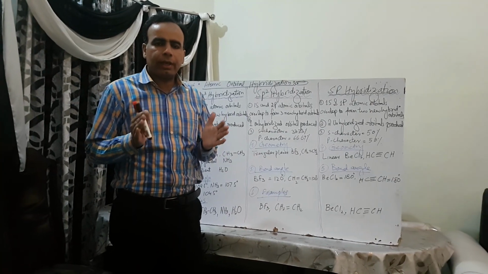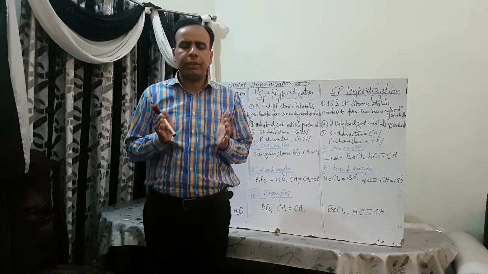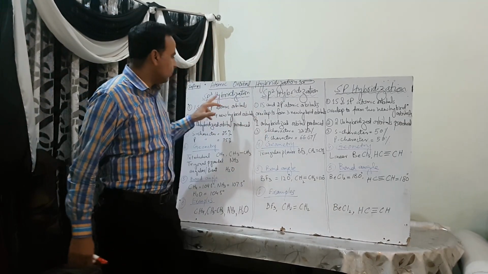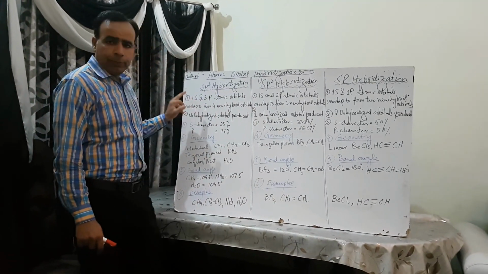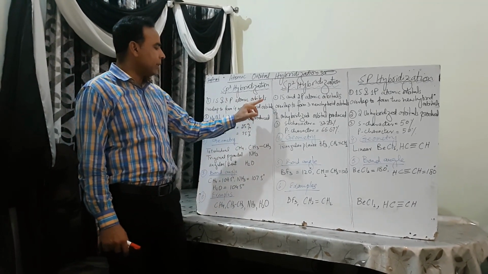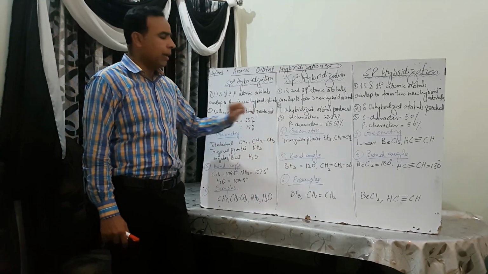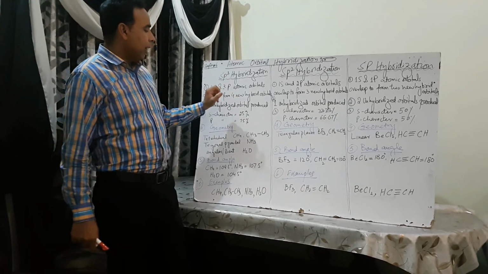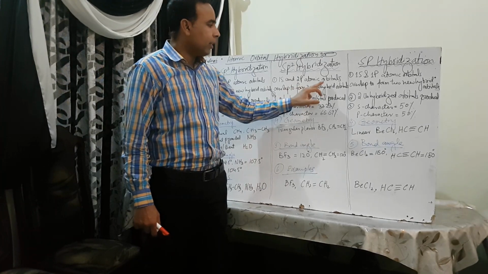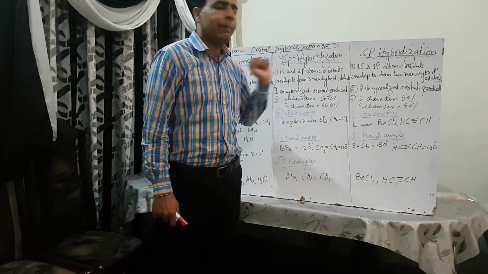My dear students, there are 3 types of orbital hybridization: sp3 hybridization, sp2 hybridization, and sp hybridization. In sp3 hybridization, 1s and 3p atomic orbitals overlap to form 4 new hybrid orbitals. In sp2 hybridization, 1s and 2p atomic orbitals overlap to form 3 new hybrid orbitals.